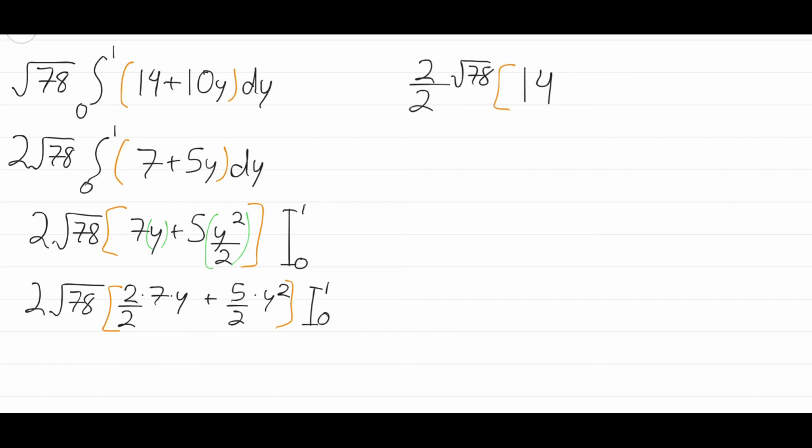So we're left with 14y, because 2 times 7 times y is 14y. And notice how I didn't cancel out these 2's right here. I didn't cancel these out. Why? Because I wanted to factor this one and this one. So that's why I'm left with 14y plus 5y squared from 0 to 1.